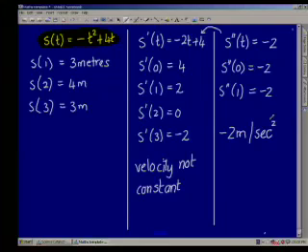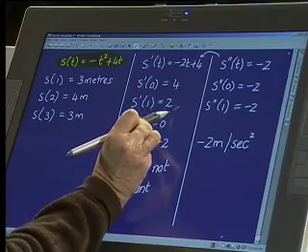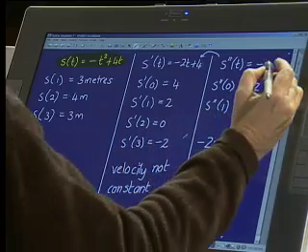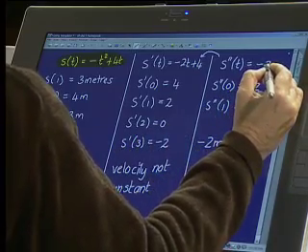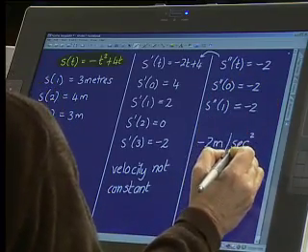Your velocity was 4, then 2, it's gone down 2. Then 2 to 0, it's gone down 2. 0 to minus 2, it's gone down 2. Your acceleration is minus 2.